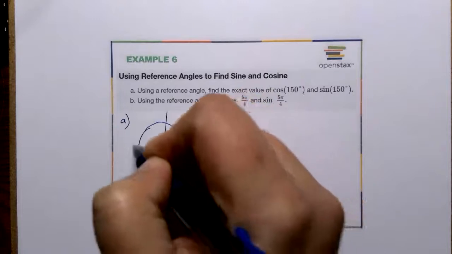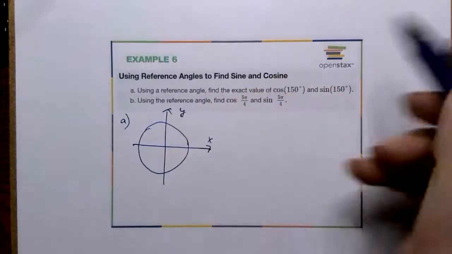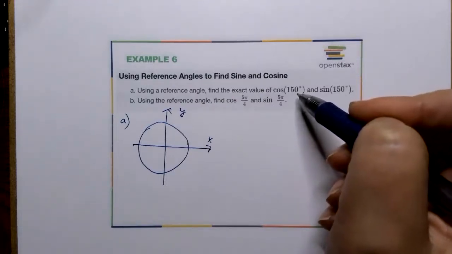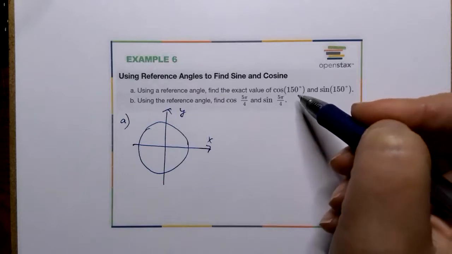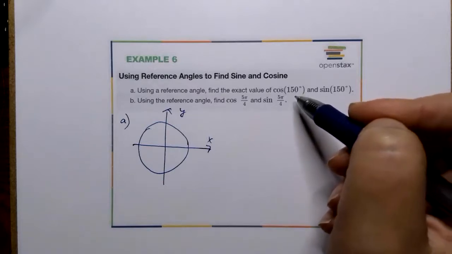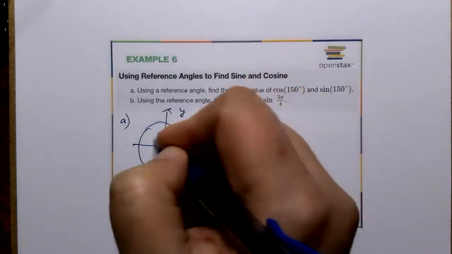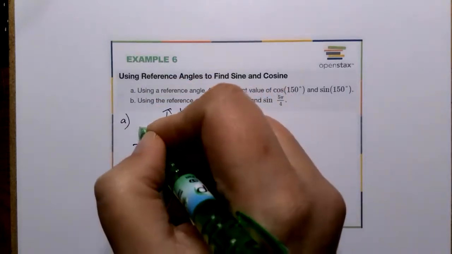Here's my unit circle, and 150 is actually 30 degrees shy of 180. So I already know what my reference angle is going to be, 30. But let's draw a picture.